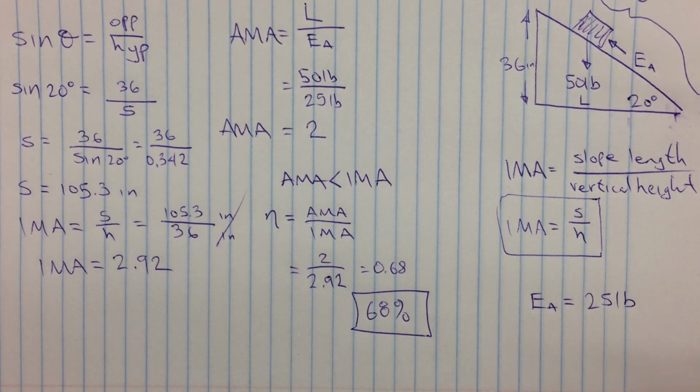So given that even though the ideal mechanical advantage is 2.92, the actual is going to be less because that's what it feels like. And we have a 68% efficiency, which is not bad, I guess, considering that you might be pushing it up a dirt slope. Okay?